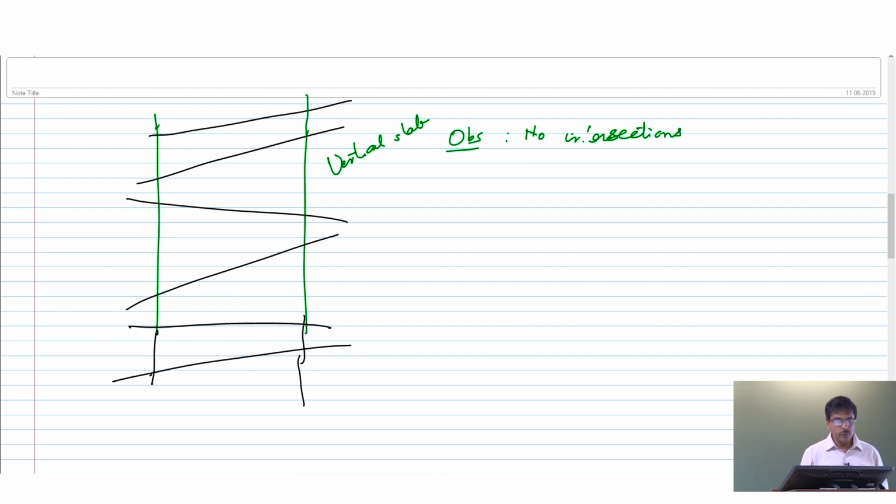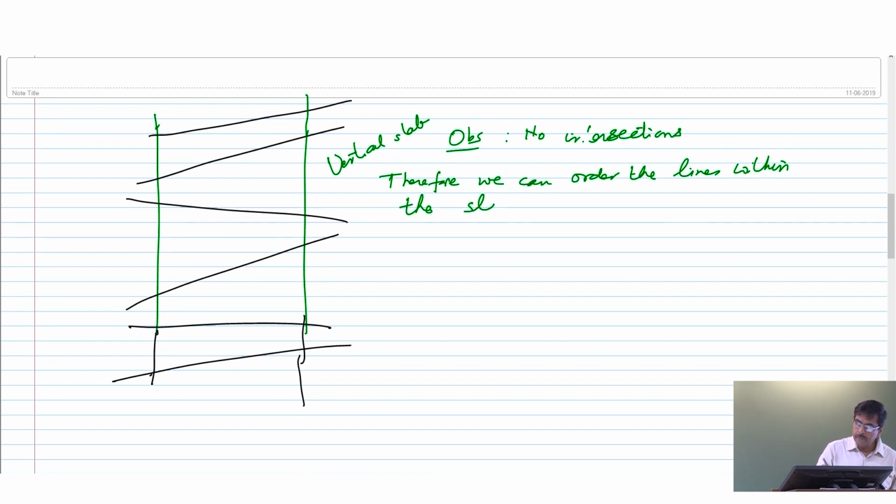Since there are no intersections, we can therefore order the lines within the slab. What do I mean by ordering them? It is an above-below ordering.